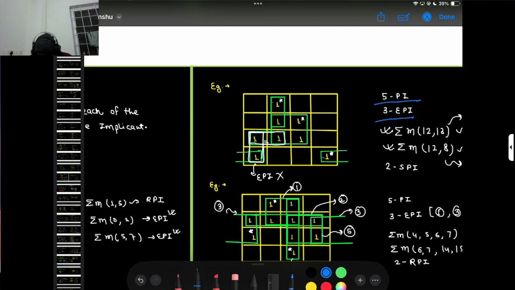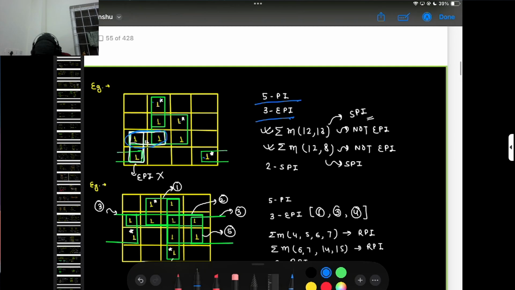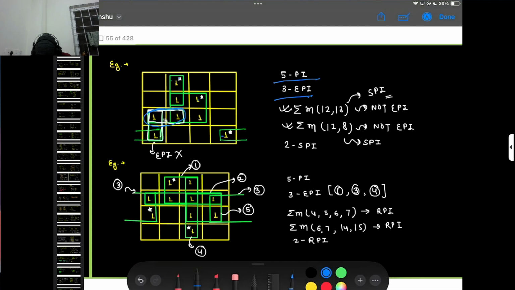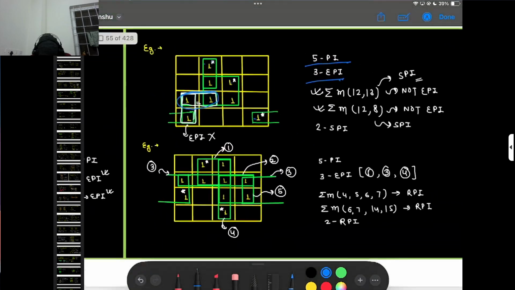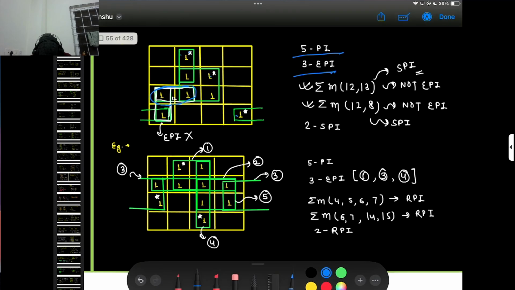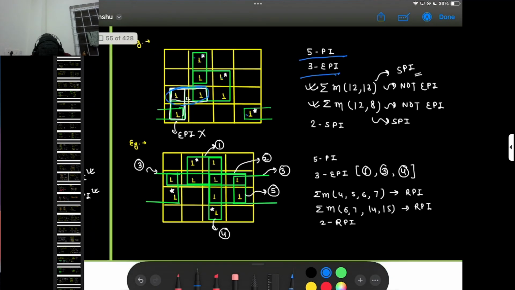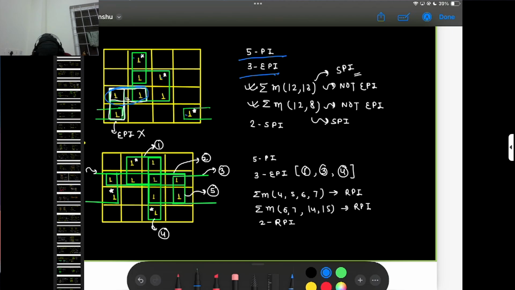So that's why this is three PI, and redundant. Redundant is, I think, here. This is my one RPI or SPI. This is my RPI or SPI. So API, this is not my API. Okay. Five PI, 2 SPI is present.